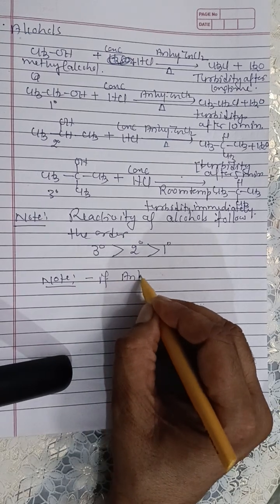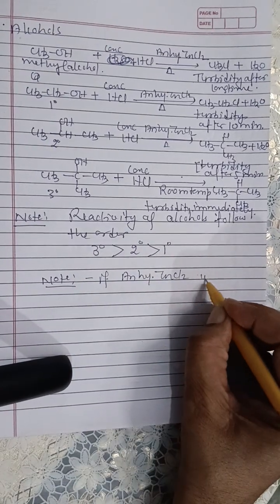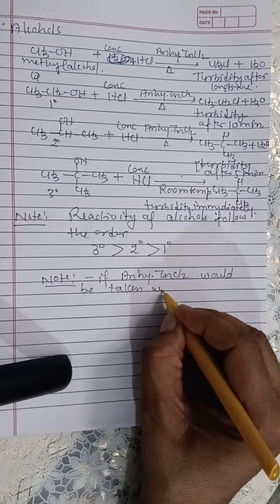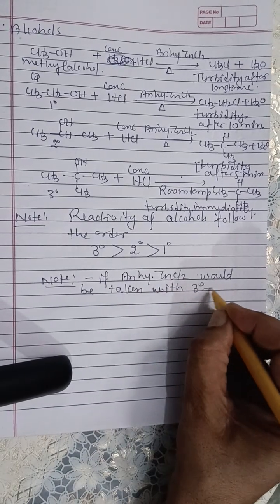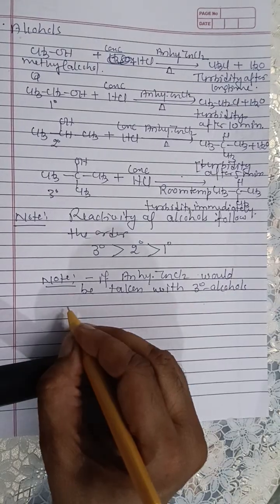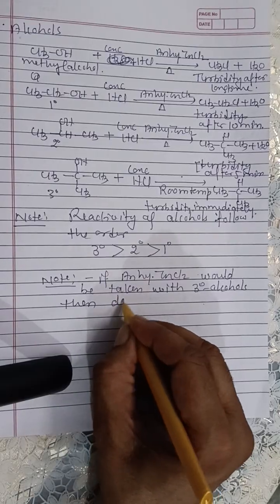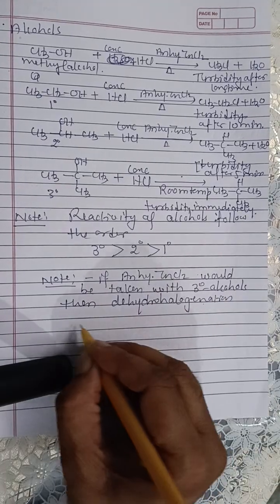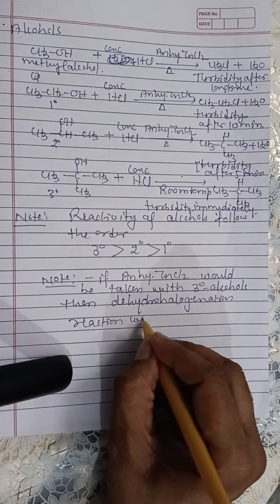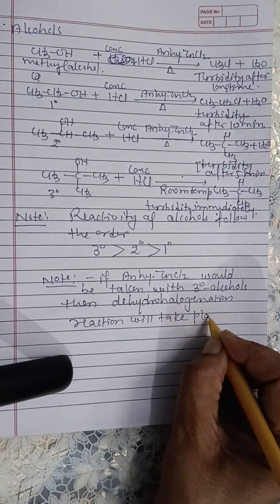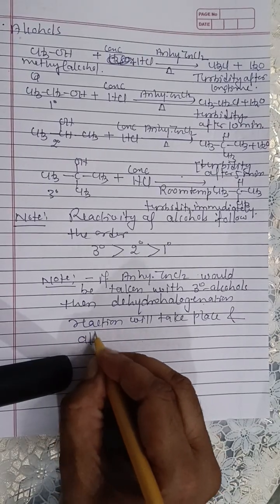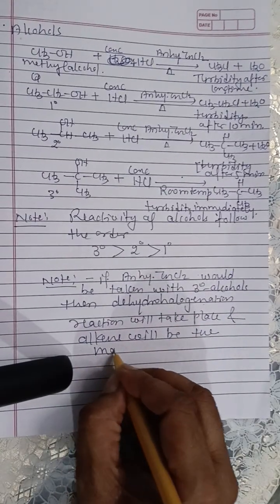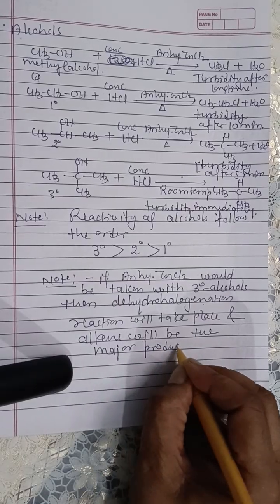If anhydrous ZnCl2 would be taken with 3-degree alcohols, then a dehydrohalogenation reaction will take place and alkene will be the major product of the reaction.